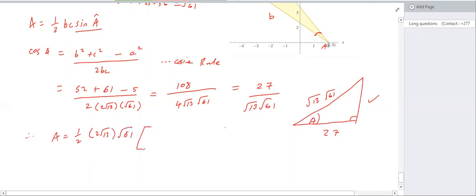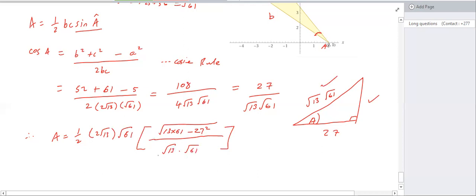And then sine of A is equal to opposite, which is the square root of 13 times 61 minus 27 squared, over hypotenuse, which is square root of 13 times square root of 61.